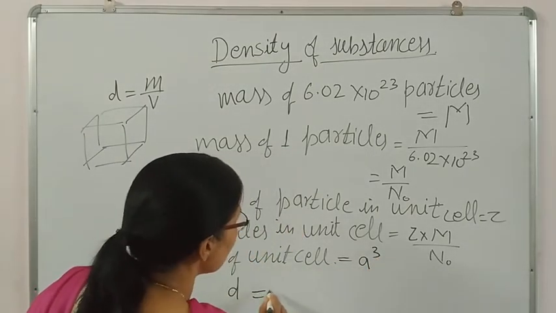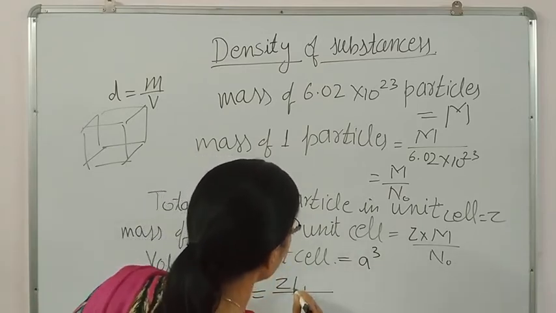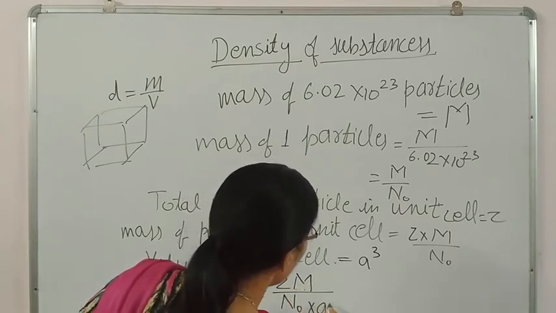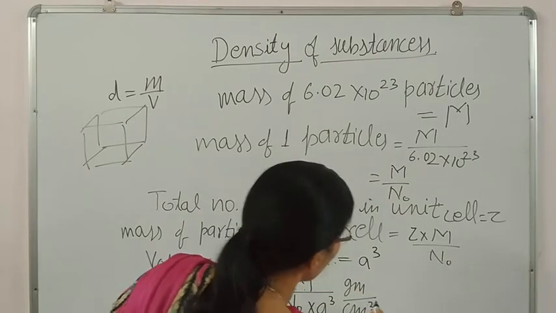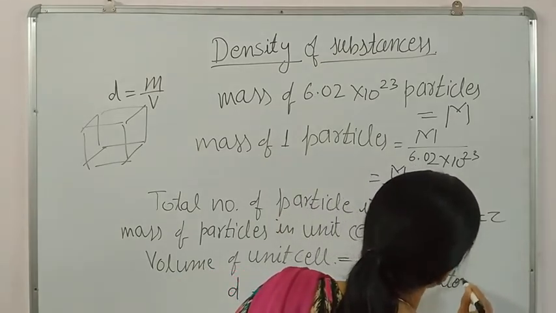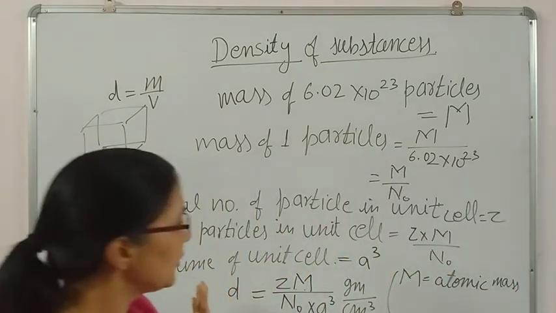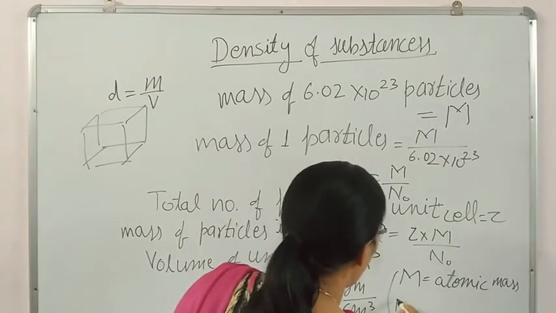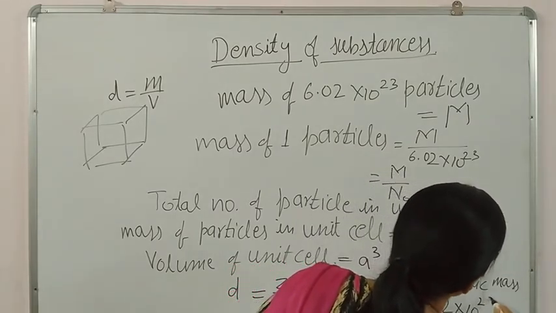So D is equal to Z into capital M upon N naught into a cube, in gram per centimeter cube, where M is the atomic or molecular mass in general, atomic mass in the numerical. Most numericals in the board examination are based on this single formula. And N naught is equal to 6.02 into 10 raised to power 23.